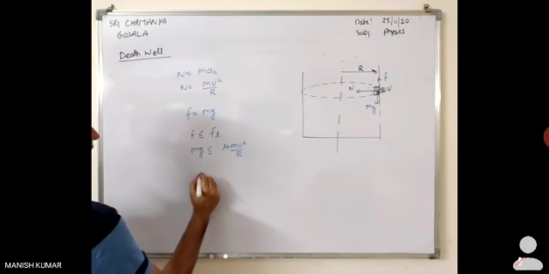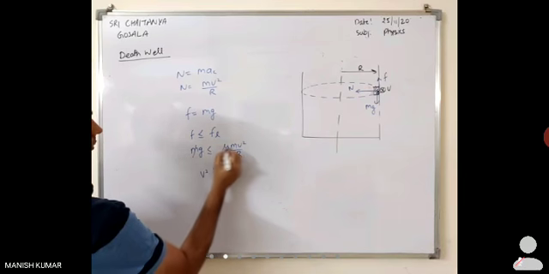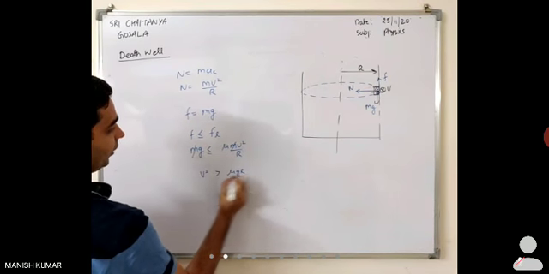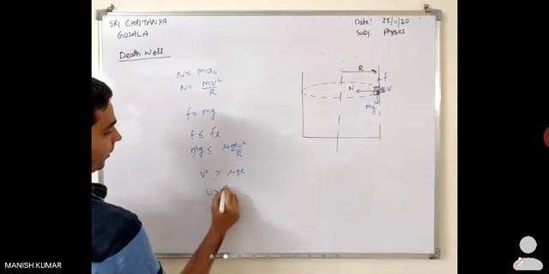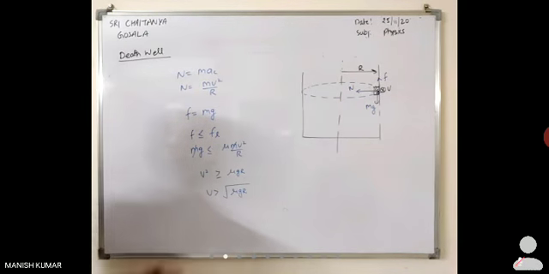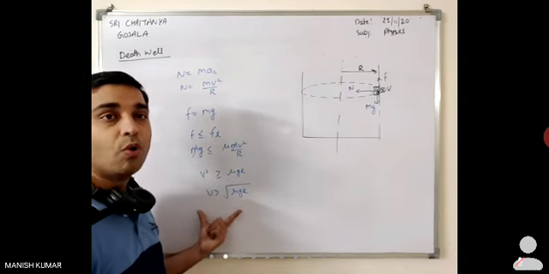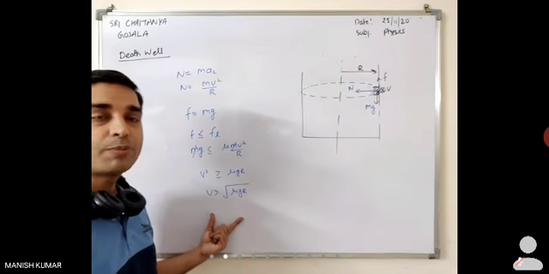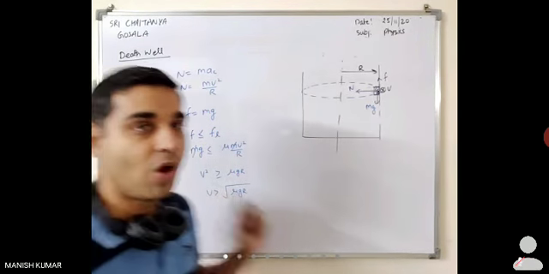Or v square should be greater than or equal to g r by mu, so v should be greater than or equal to root of g r by mu. The person's speed should be more than this. If the speed is more than this, then only will he stay.